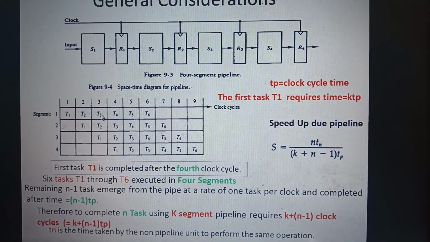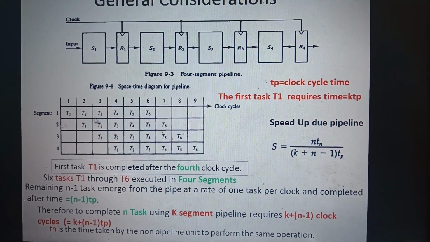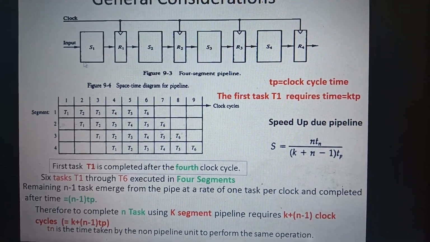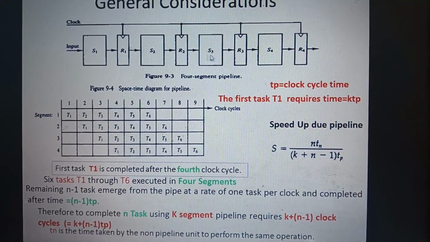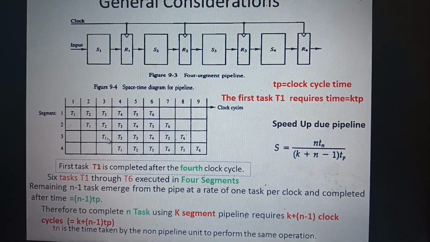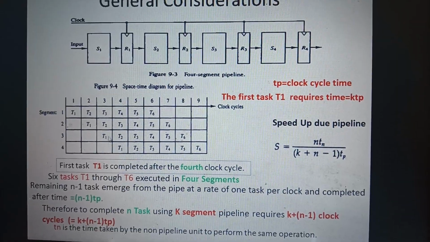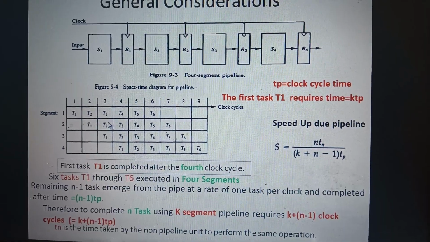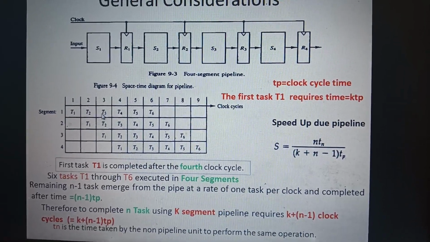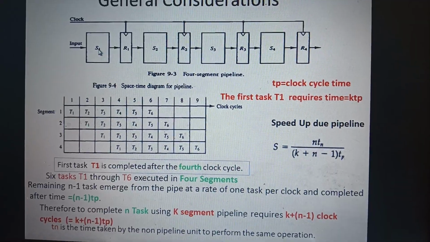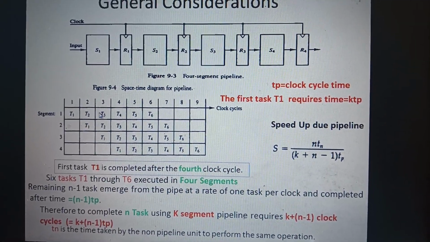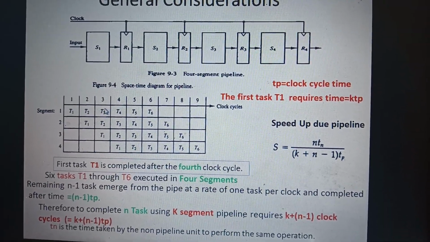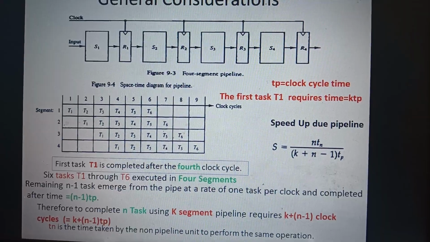So in clock 3, S3 is performing the third sub operation of task 1, segment 2 is performing the second sub operation of task 2, and segment 1 is performing the first sub operation of task 3. Like that it continues.